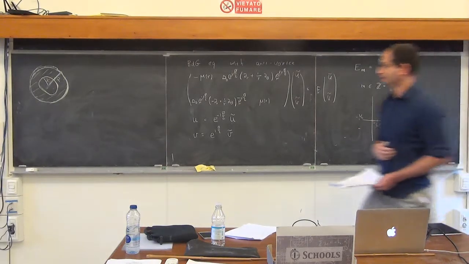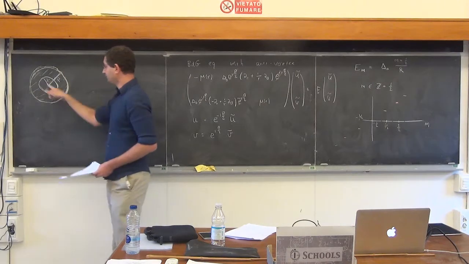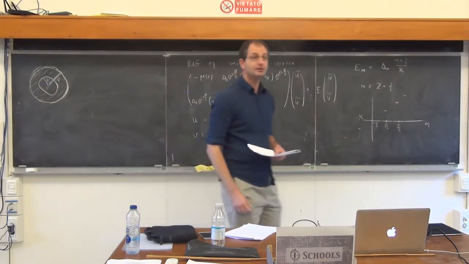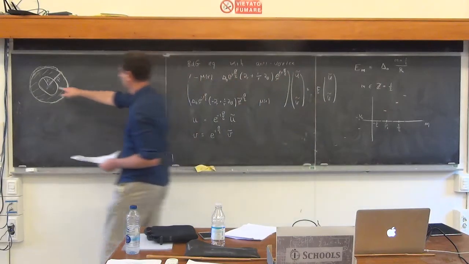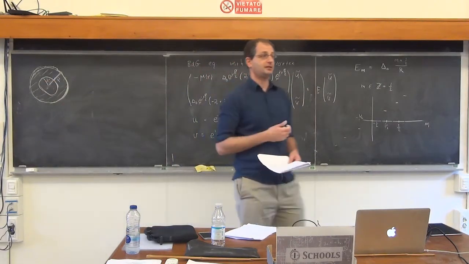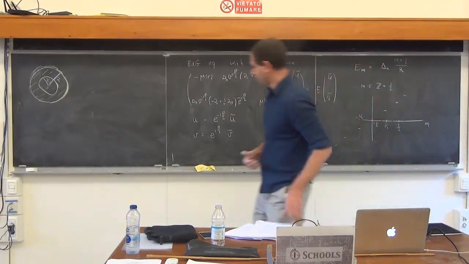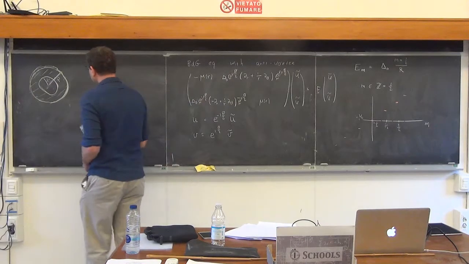Now I've shown it, strictly speaking, for a vortex that has a very large core, where the core size is essentially this R prime, which is much bigger than the correlation length xi. But now I'm going to argue about continuity again.